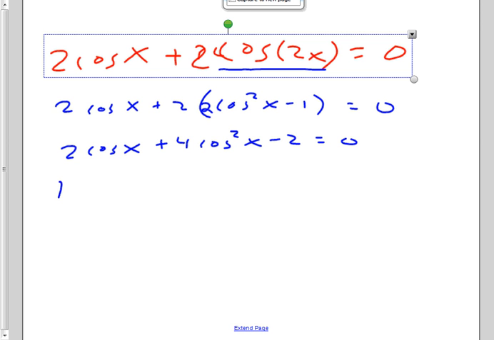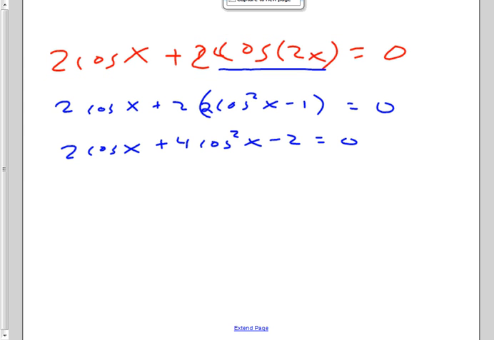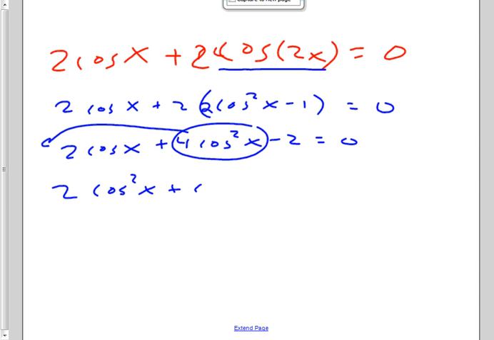And this looks kind of ugly, but if we divide everything by 2 and write it in descending order, we get 2 cos squared x plus cos x minus 1 equals 0.